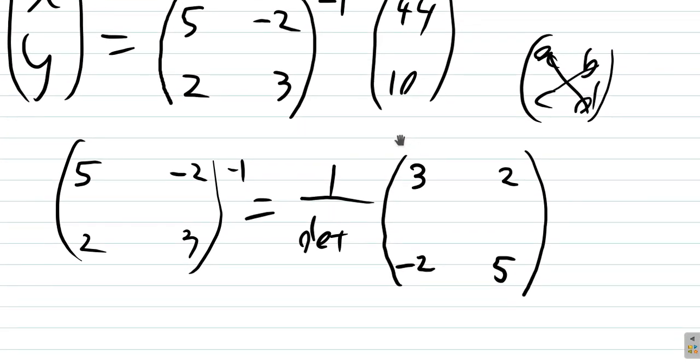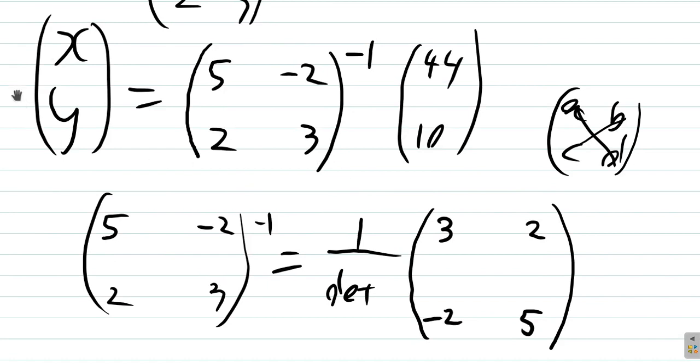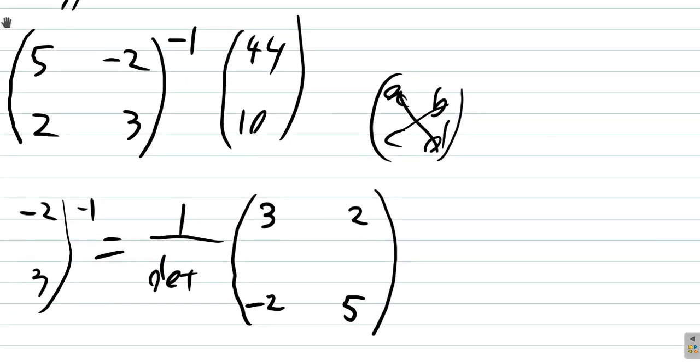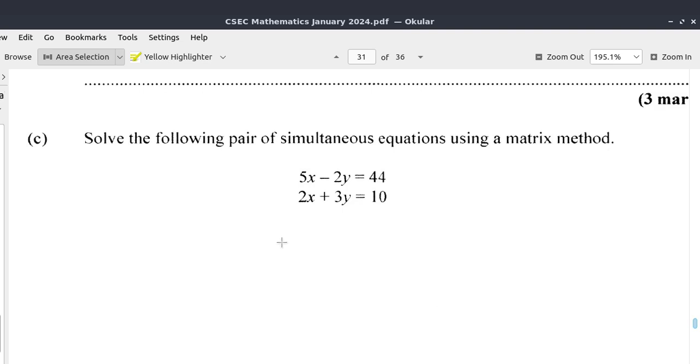Now, what is the determinant? It's AD minus BC. By the way, hold on. Is it in the list of formulae? Page 31.